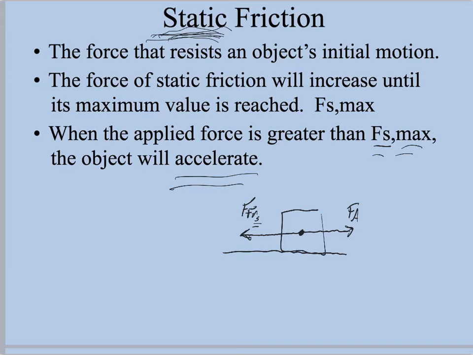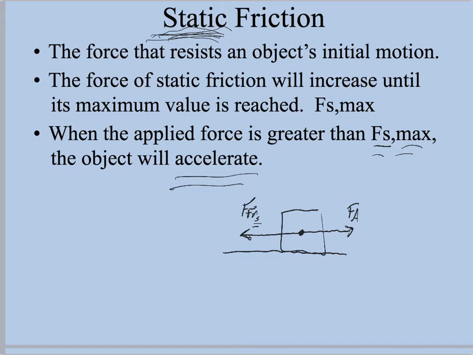So if we have a static friction max of 10 newtons and I push with 10.1, I'm going to start that object moving because I've surpassed what we call static friction max. And static friction max can change depending on the mass of the object you're dealing with, the surfaces that you're coming in contact with. There are lots of things that can affect it.